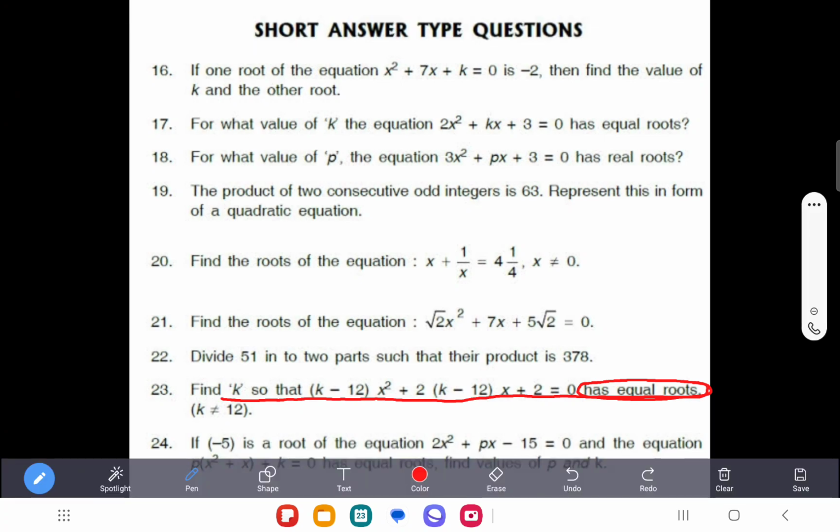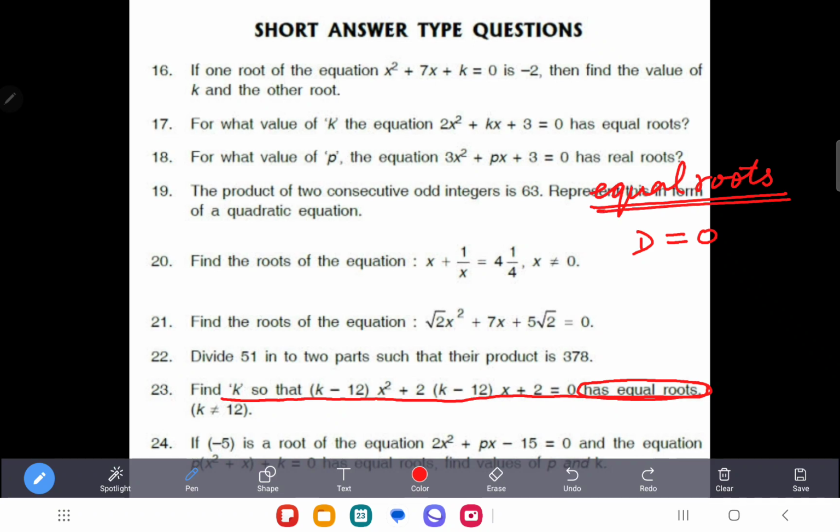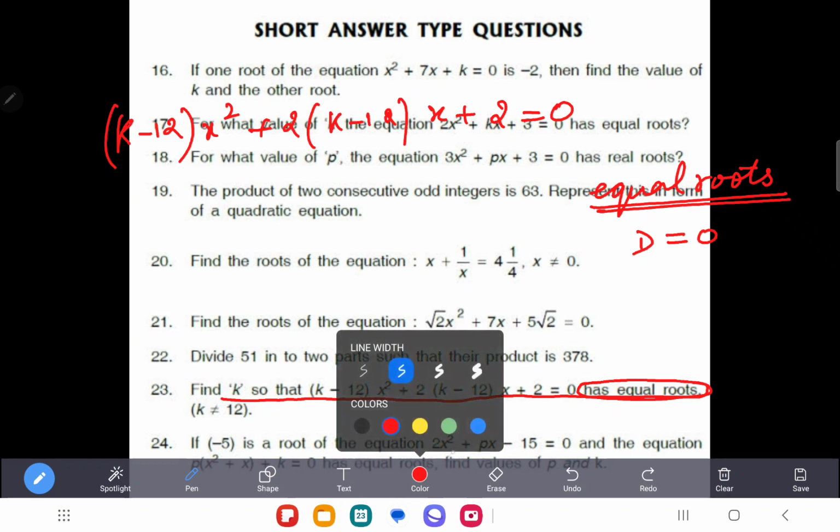Discriminant should be 0. For equal roots, the discriminant should be 0. Yes or no? So my equation is k minus 12 x square plus 2 times k minus 12 x plus 2 equals to 0.